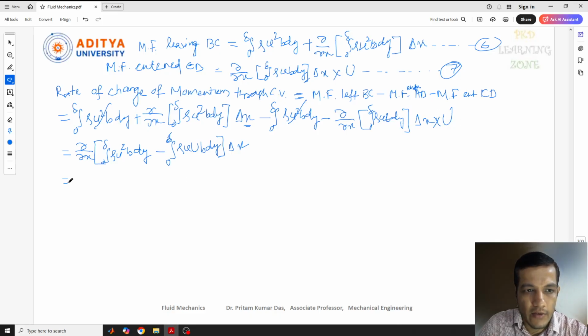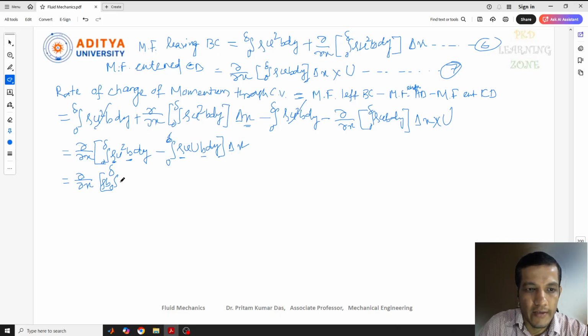Now again we can solve this one. We can write del by del x bracket start 0 to delta, and here delta x is already outside, so dy we take common. One more thing I'll do here: I'll take rho and b outside.